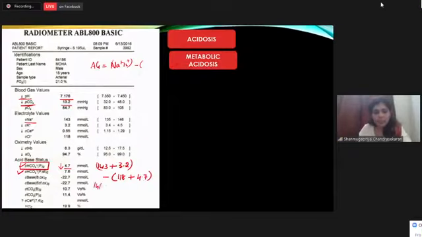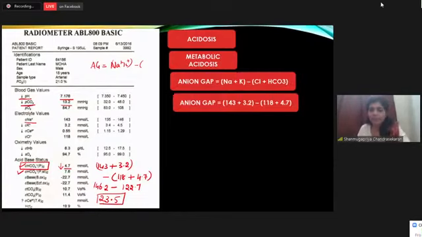So if you calculate 146.2 minus 122.7, what is the anion gap for this report? It's 23.5. Okay, so what is the diagnosis? It's increased anion gap metabolic acidosis.